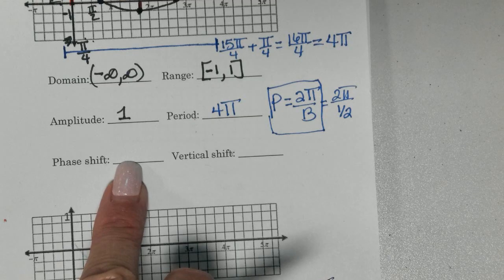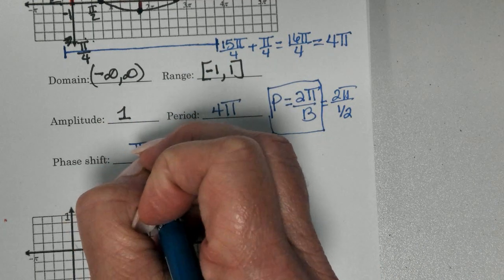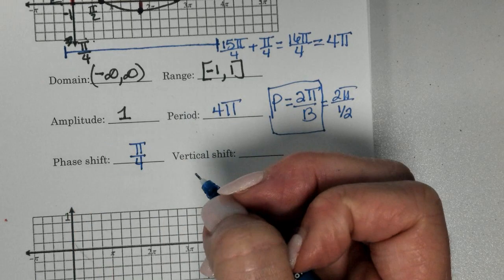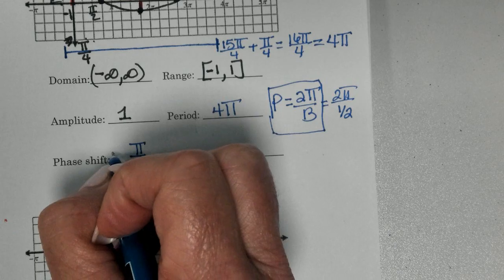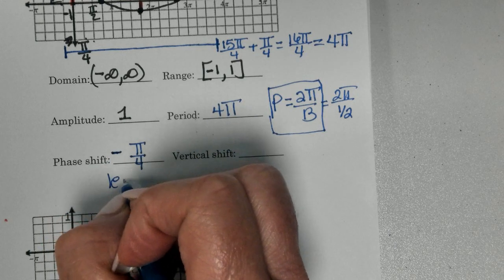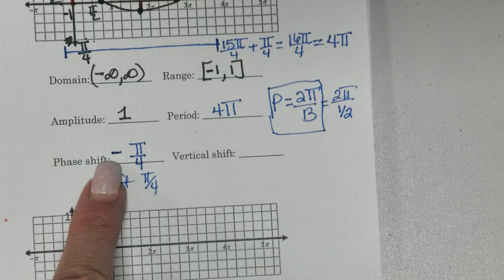Our phase shift, where did we move? How many units? Horizontally. Pi over 4, which direction? Left. So since we moved left, you better put negative or left pi over 4. You got to show me you moved in a negative direction.